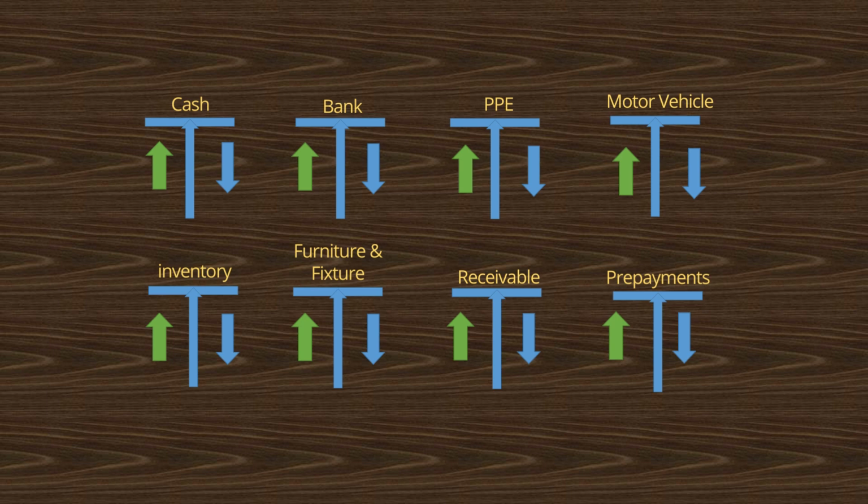For assets, debit is going to be different, for liabilities it is different, and for owner's capital it is going to be different. So for every class the rule will be different.